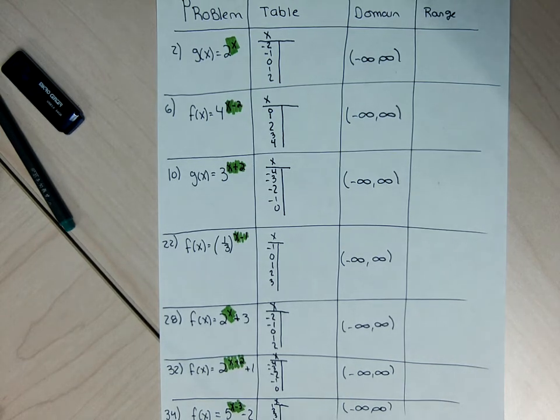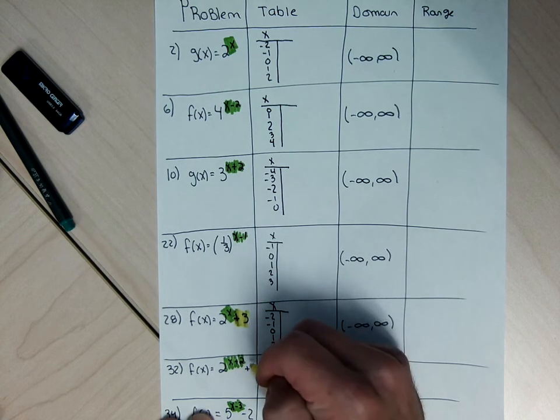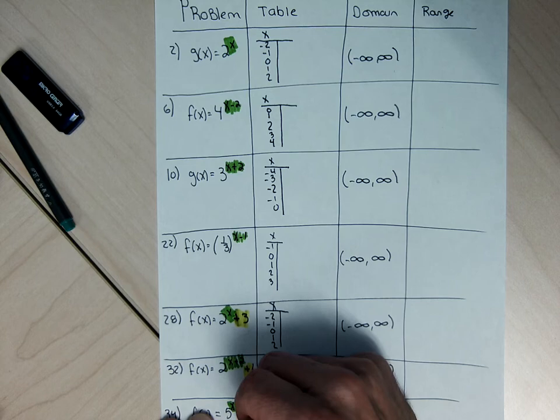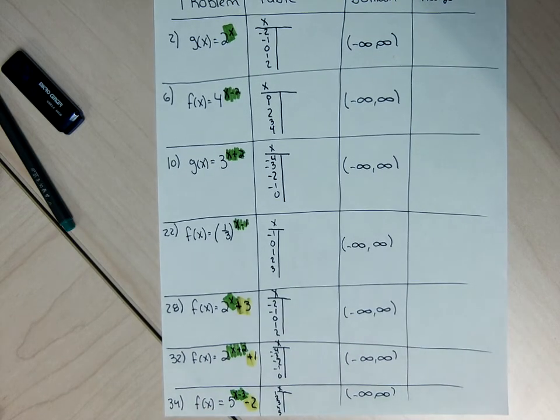So I'll explain what the answer to the range is, and then as we do the graphs, I'll show you visually how that range shows up, how we can identify the bottom and the top of the graph. And the numbers that I haven't highlighted yet in problems 28, 32, and 34, those numbers will actually be the bottom of the graph.